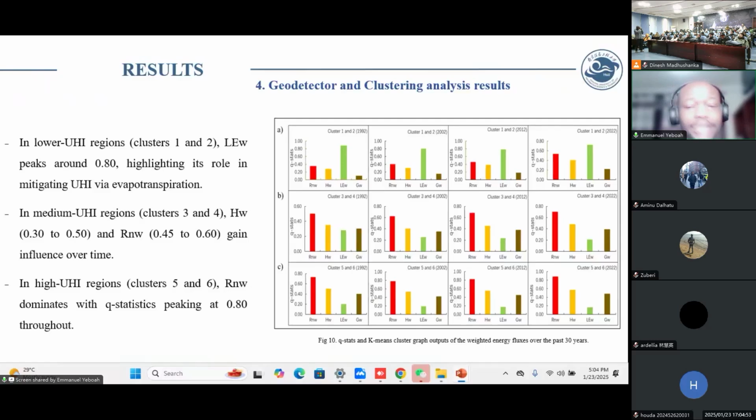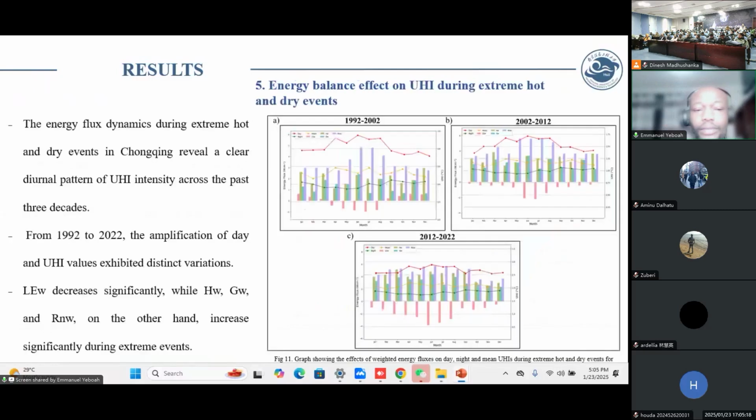That is because that is the city center, and of course, the kind of materials used tends to trap heat, which leads to higher elevated temperatures in the city center. So we can see that latent heat is very small and tends to be smaller as time goes on. But net radiation, sensible heat, and then ground heat tend to increase or intensify as time goes on.